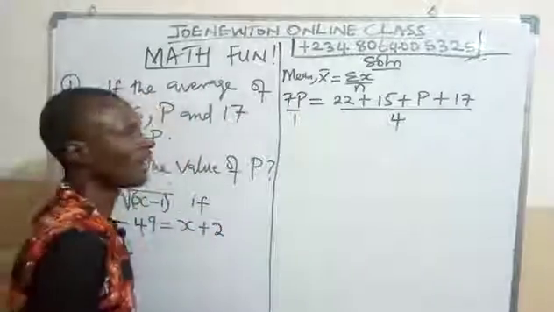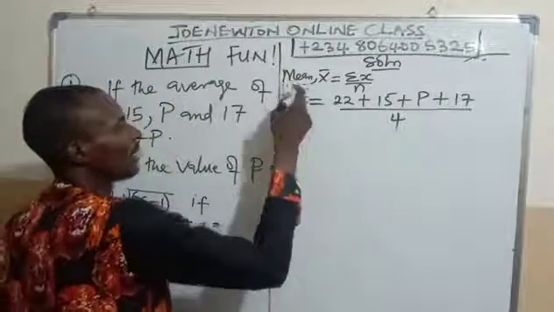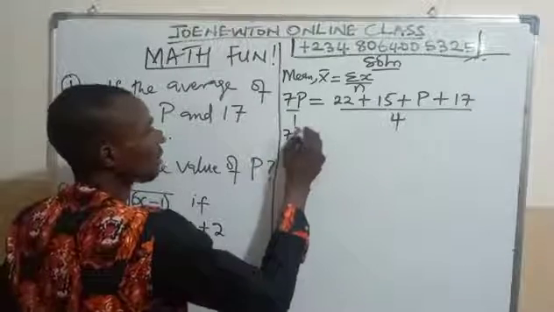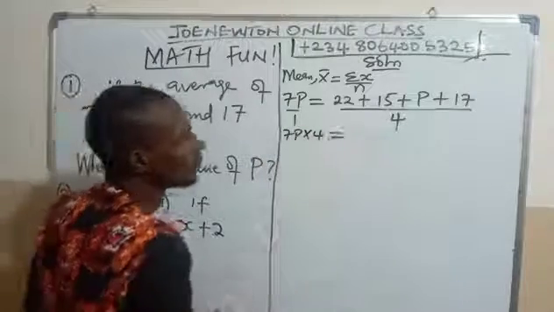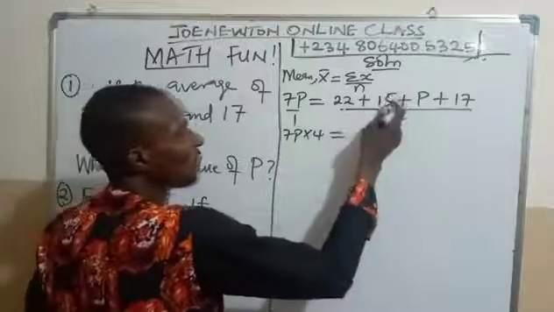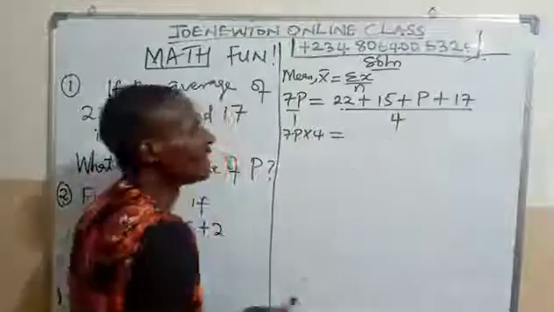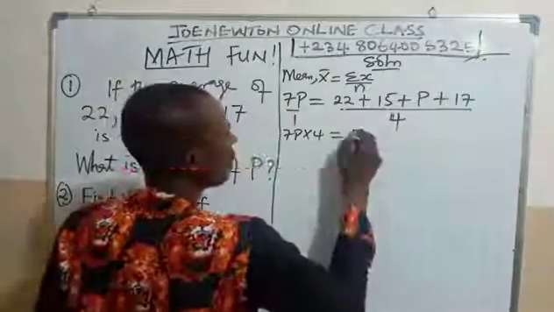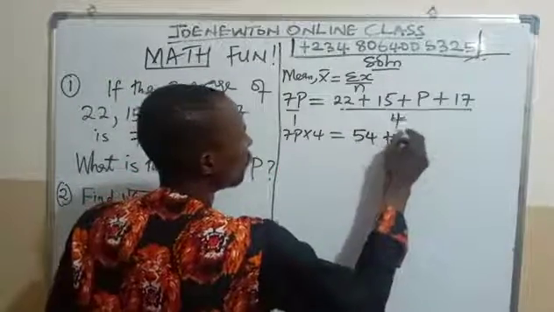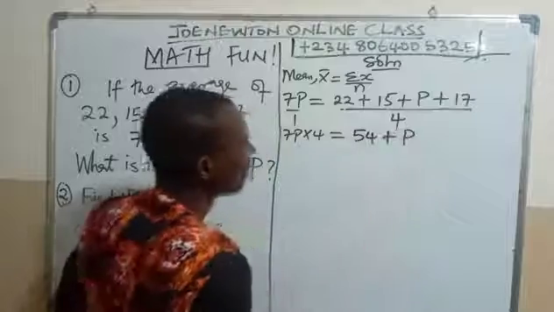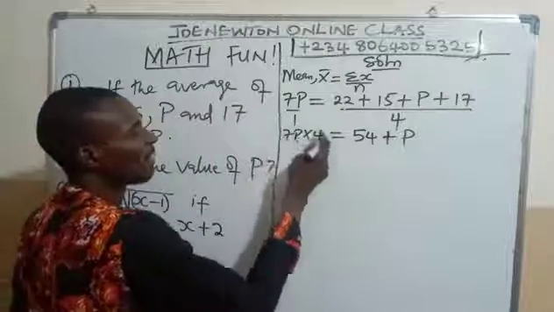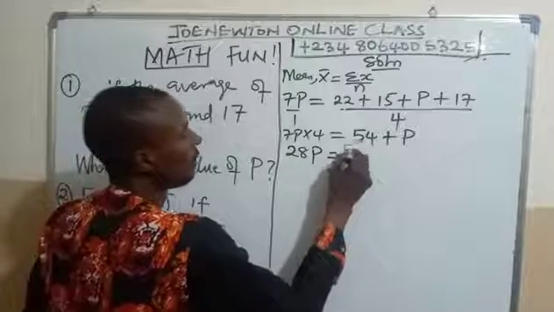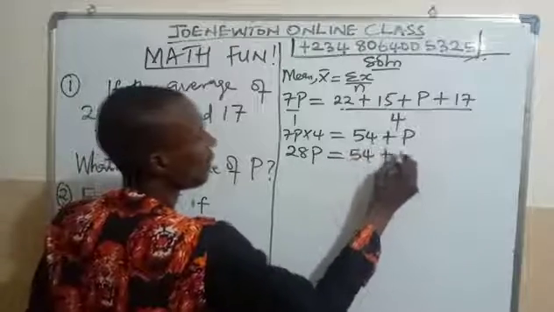So you can cross multiply now. 4 times 7p, that is 7p times 4, is equal to, you add this, 22 plus 15 gives us 37, 37 plus 17 gives us 54. We have 54 plus p. Now, 7p times 4 gives us 28p is equal to 54 plus p.